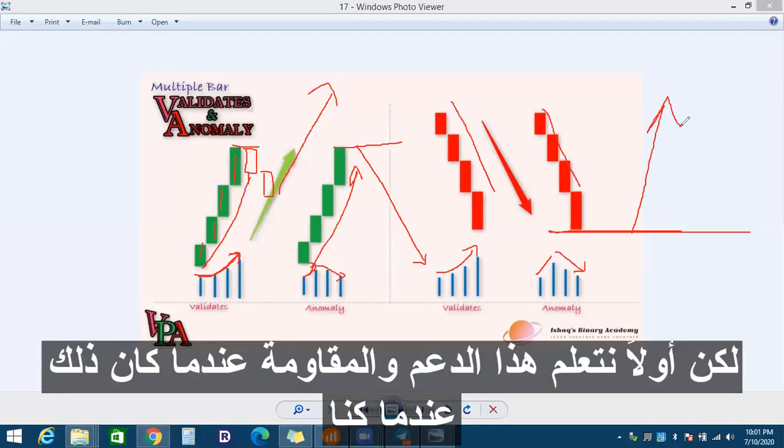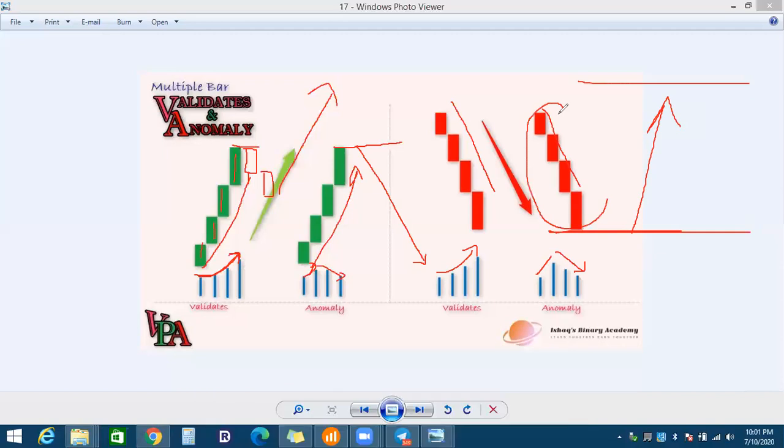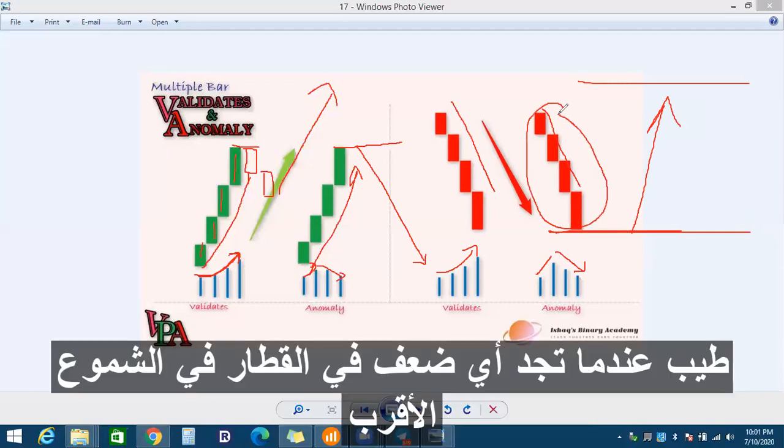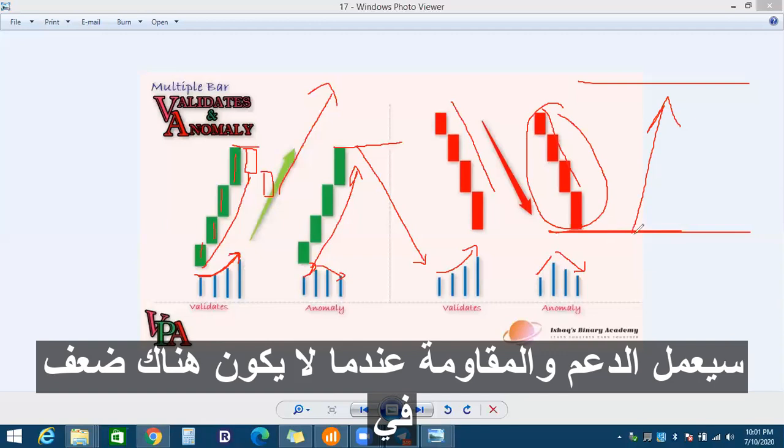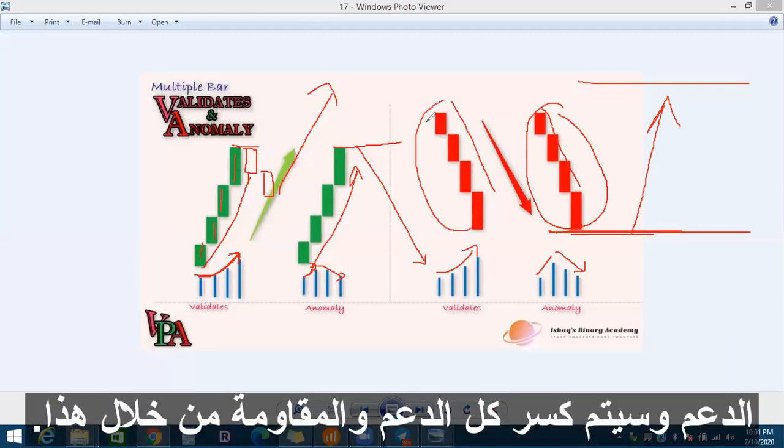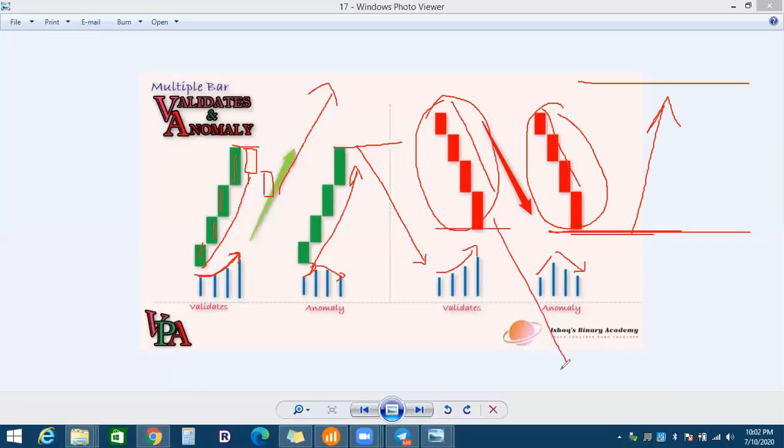So the first concept we learn is when support and resistance work: when we find any weakness in the trend. When you find any weakness in the trend, in the candles, the nearest support and resistance will work. When there is no weakness, all the support and resistance will be broken by these bars.